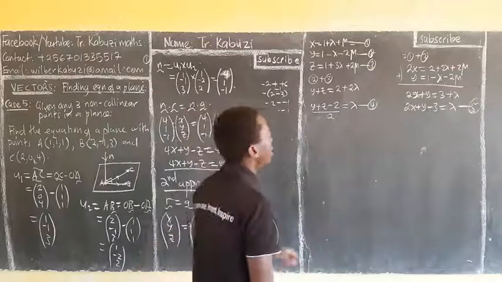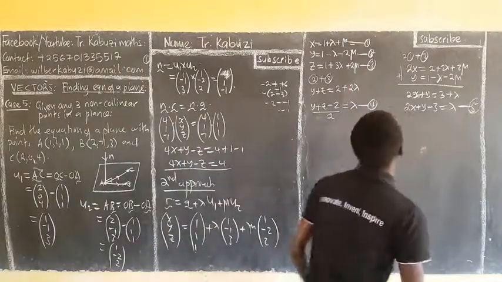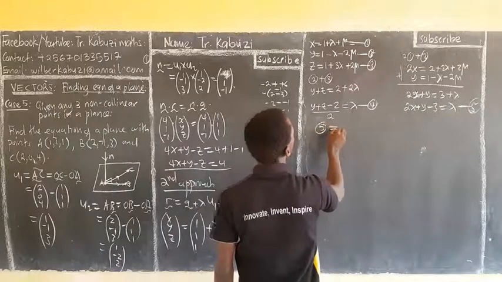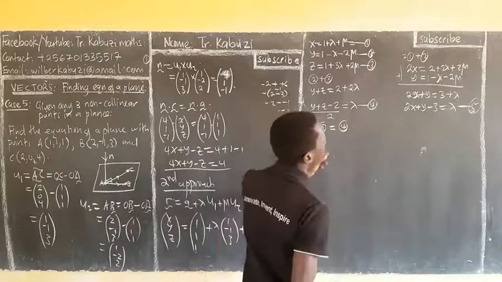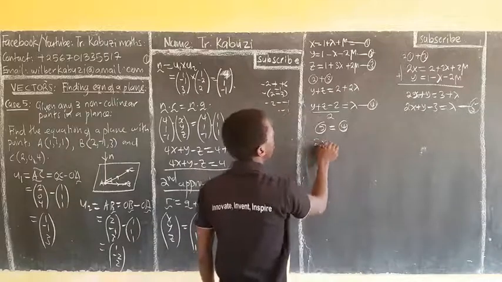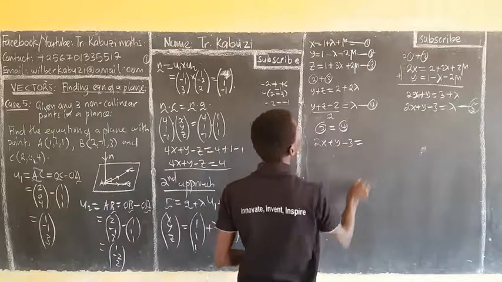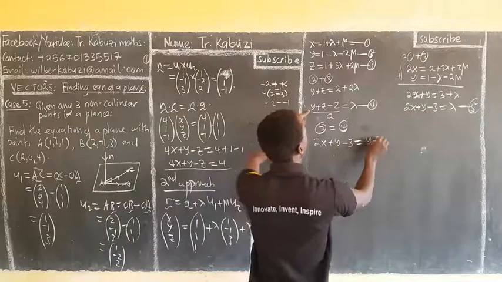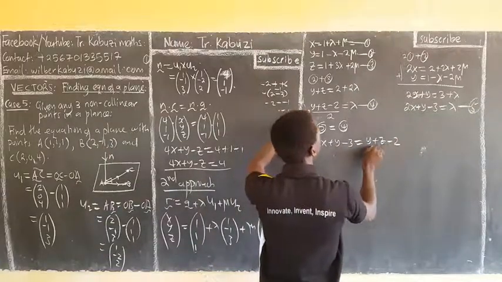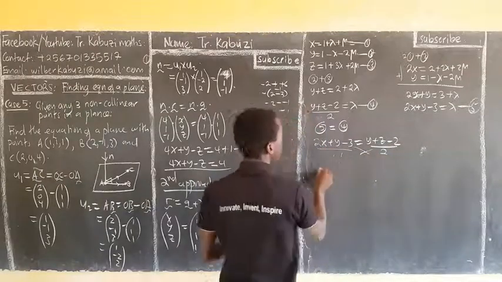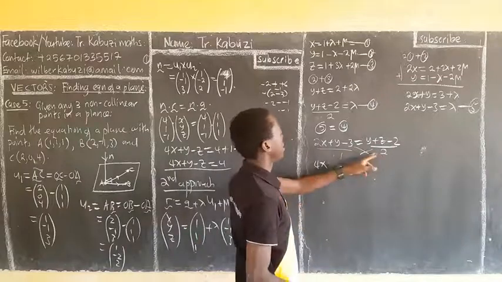So you see that now, this is lambda, meaning equation 5 is equaling to equation 4. Equation 5 is 2x plus y minus 3 is equaling to y plus z minus 2 over 2. This is over 1. We cross multiply.